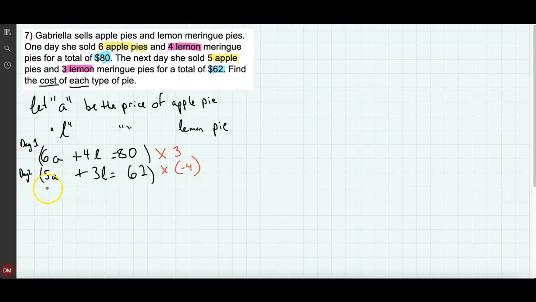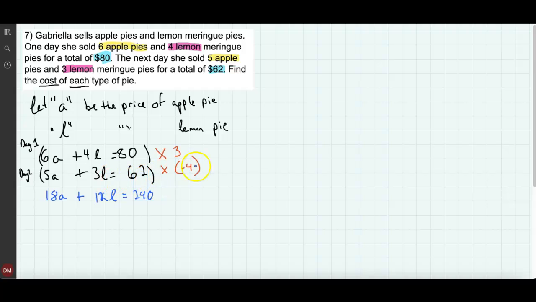Let's see what happens now. I'm going to get 18A plus 12L, that's what we wanted, is equal to 240.